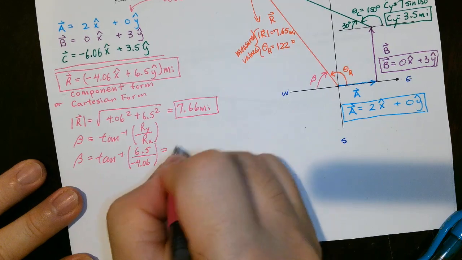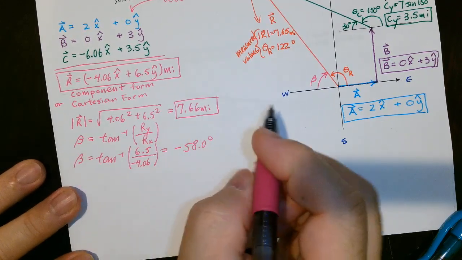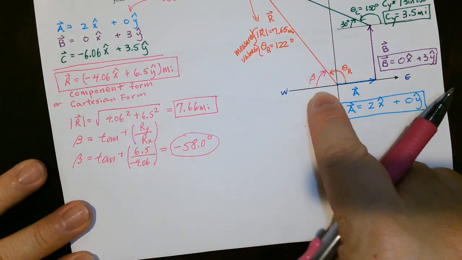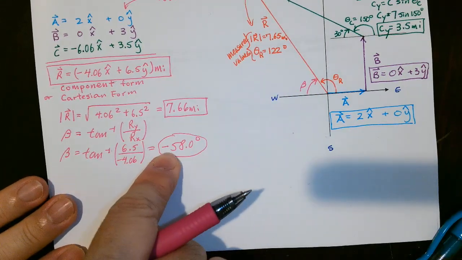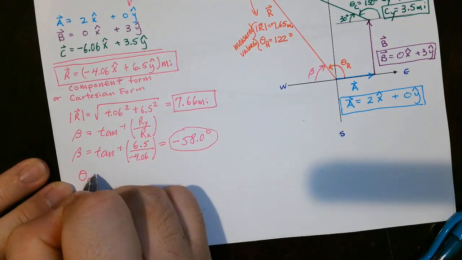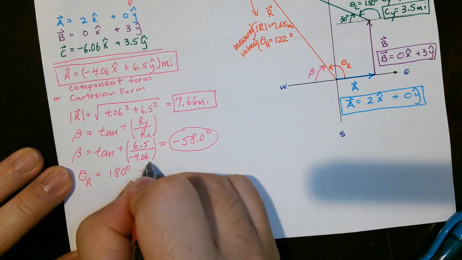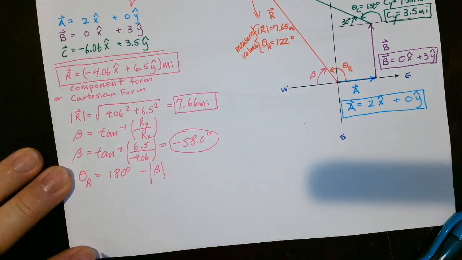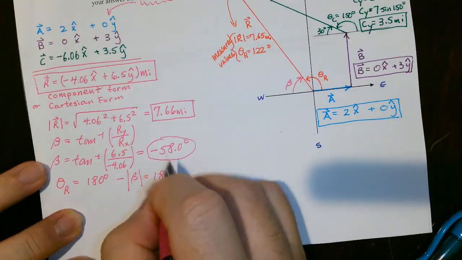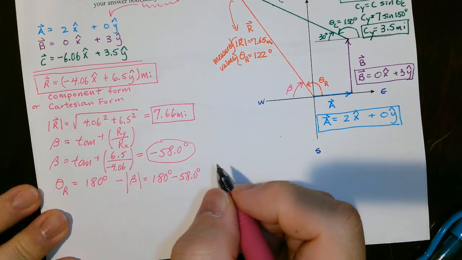If you work it out, you get negative 58.0 degrees. Since it's going clockwise, it's a negative angle. So my theta r is equal to 180 degrees minus the absolute value of beta, which is 180 minus 58.0 degrees.